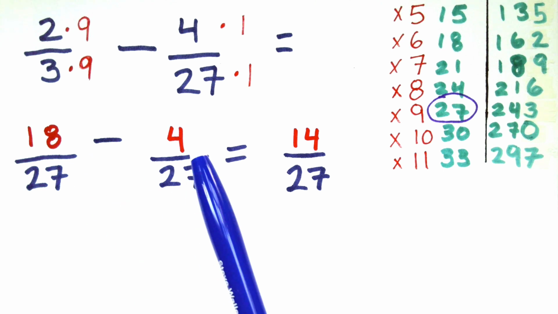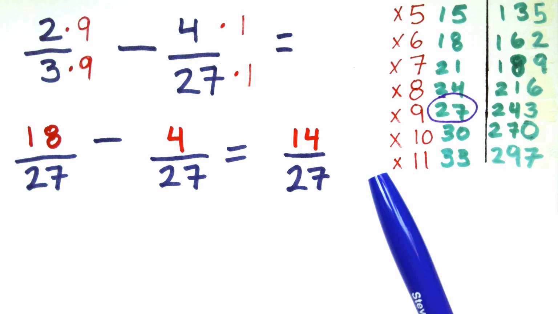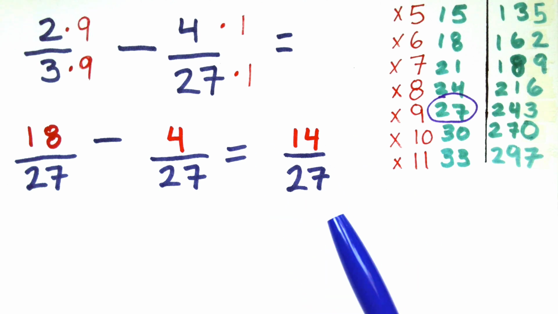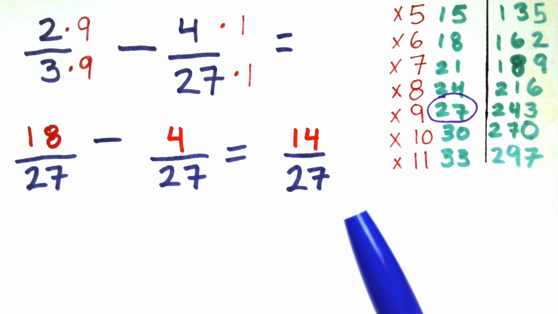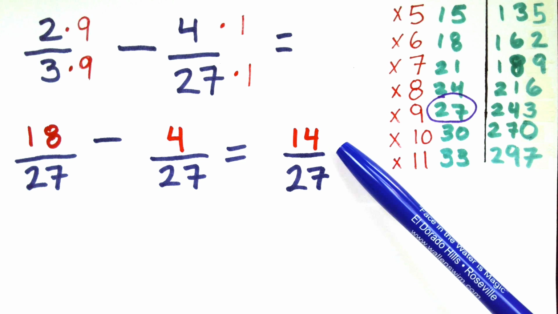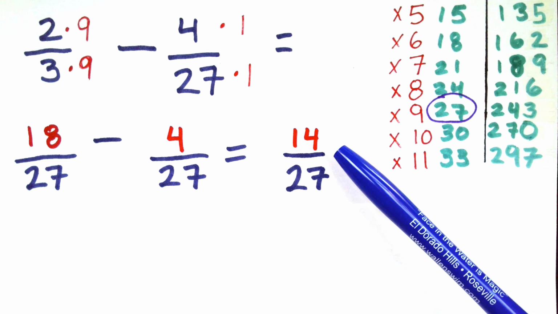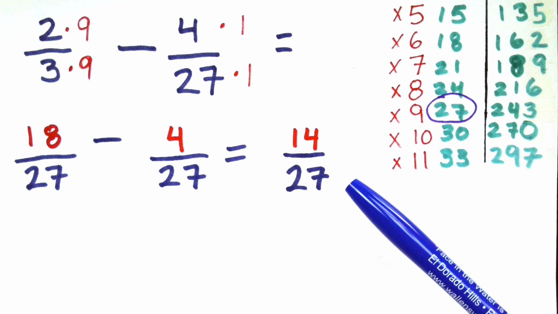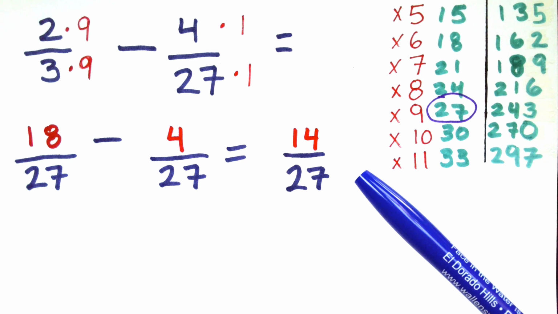18 minus 4 is 14. Now the question is, can we reduce this fraction of 14 over 27? Is there a number I can divide in top and bottom evenly other than 1? Okay, so if you look here, 14 is divisible by 1, 2, 7, and 14. 27 is divisible by 1, 3, 9, and 27.